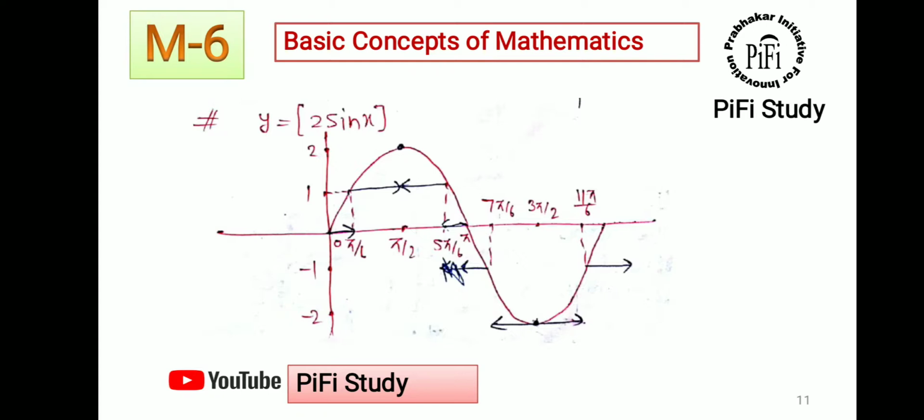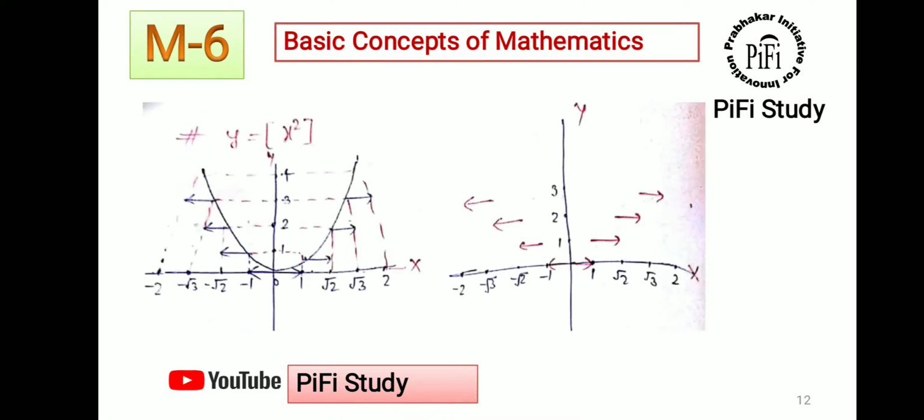If it is not there, then try to solve in a simple way, like this. So if you have to plot y is equal to greatest integer x square, first draw the plot for y is equal to x square, then do the same thing on the y-axis: mark the integer values 1 2 3 4 5, then see for which value of x the value of y is getting integer.